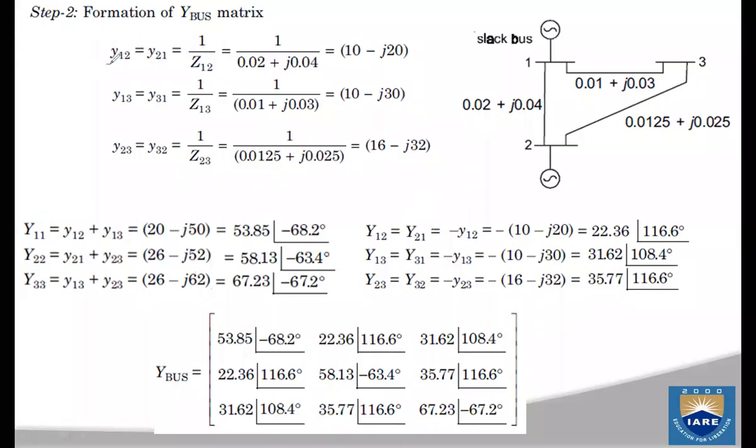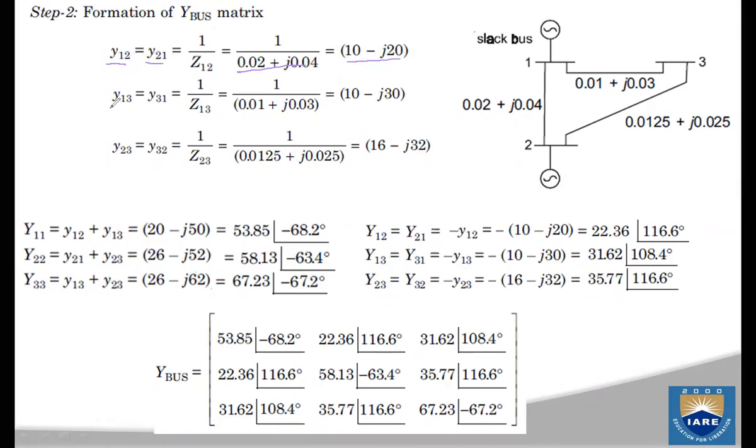So the admittance between buses 1 and 2, which is small y12, is equal to, as Y-bus is a symmetric matrix, y12 will be equal to y21 also. So this is equal to 1 by the impedance of the transmission line between 1 and 2, right? So you have to invert this value so that you will get y12 equal to 10 minus j20.